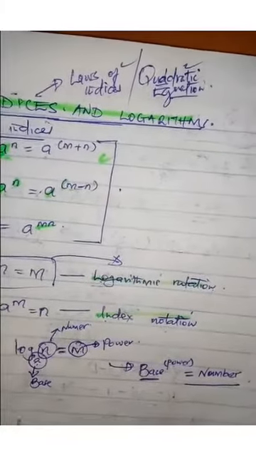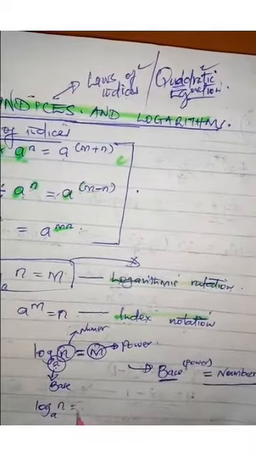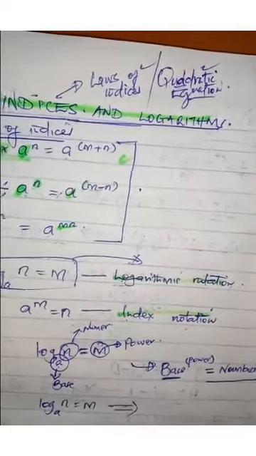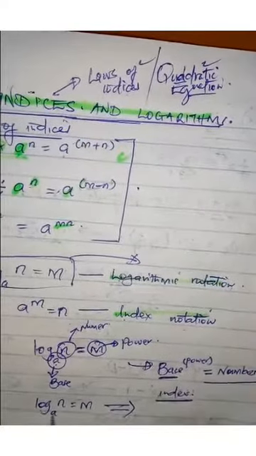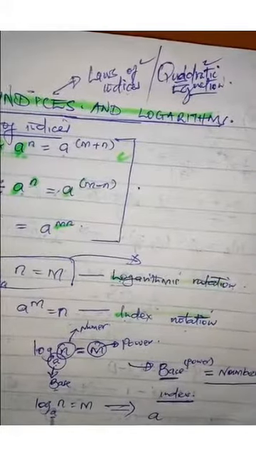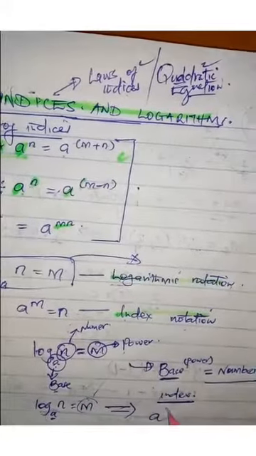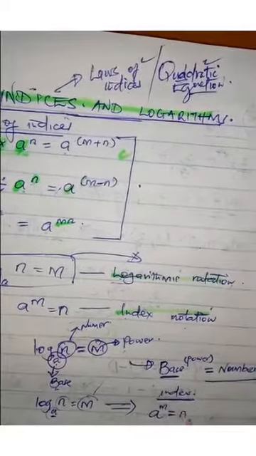For example, if you have log to base a of n is equal to m, and you want to change it to index notation, you just take a to be the base, then m to be your power, so a to power m is equal to the number n.